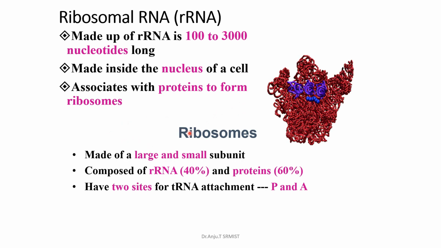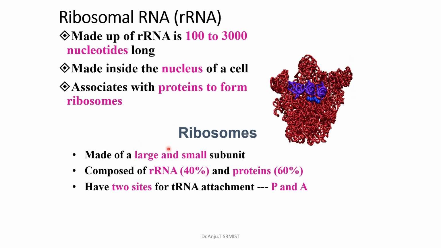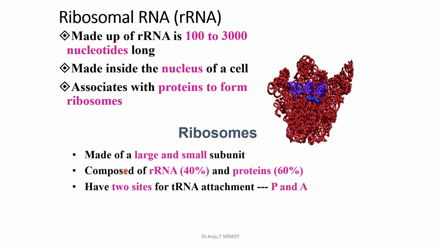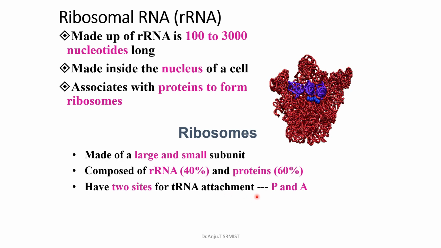Ribosomes have a larger unit and a smaller unit. In the ribosome structure, 60% of it is made of proteins and the remaining 40% is this rRNA. And a ribosome has 2 sites: the P site and the A site.